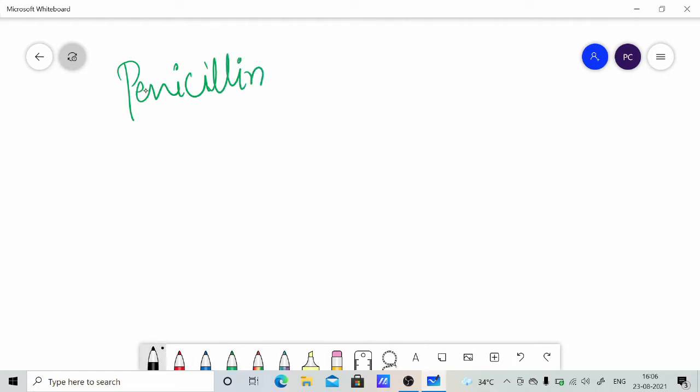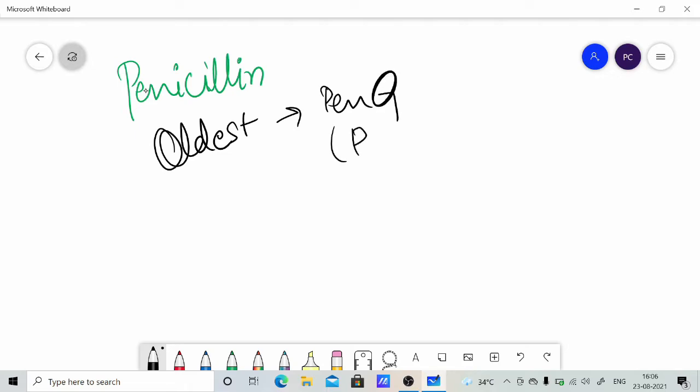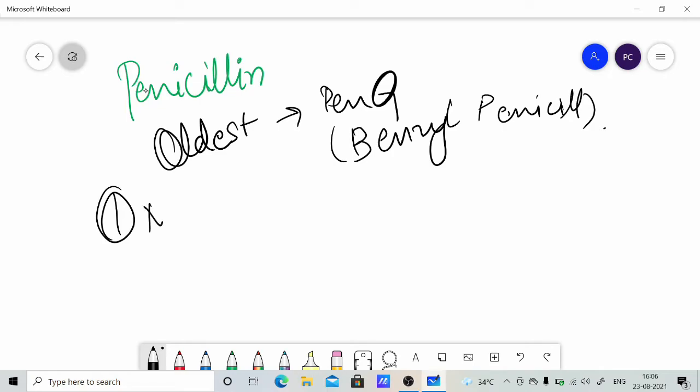The oldest penicillin is penicillin G, that we have used from very old times. Pen G, or benzyl penicillin, is another name for it. So, what are the limitations of this penicillin? First of all, it is not effective orally as it is acid labile.